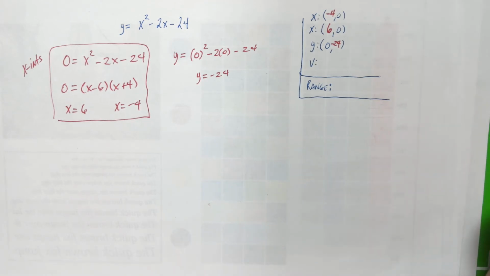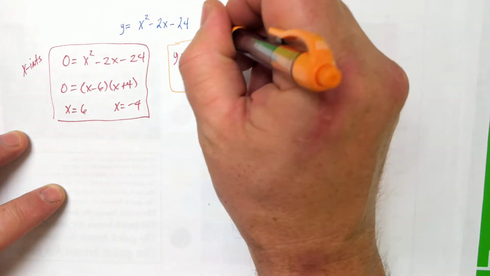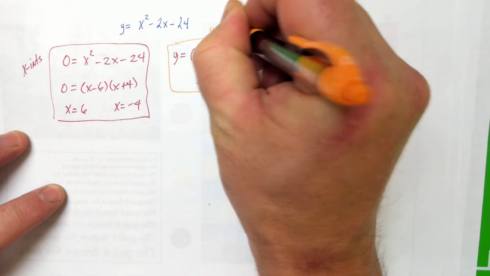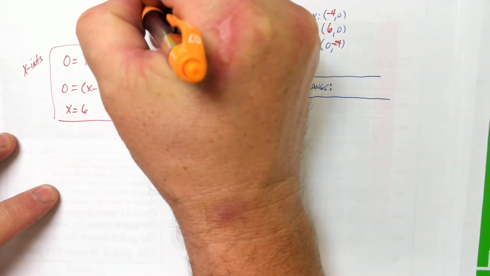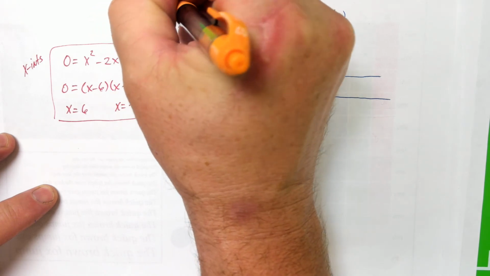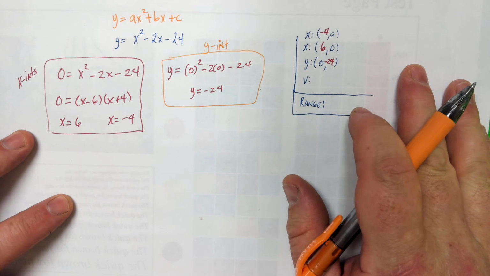All right. Now, you know how this was the y-intercept, right? Okay, now let me tell you about the vertex. You know how we have y equals ax squared plus bx plus c, like we used for the quadratic formula? You know what I'm talking about?